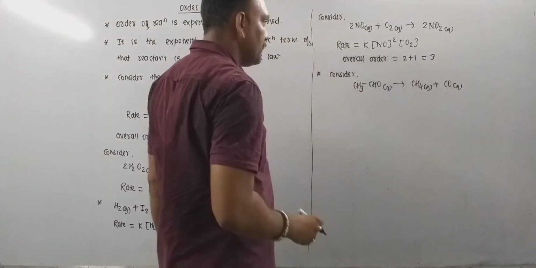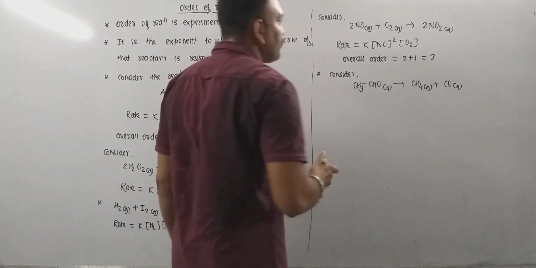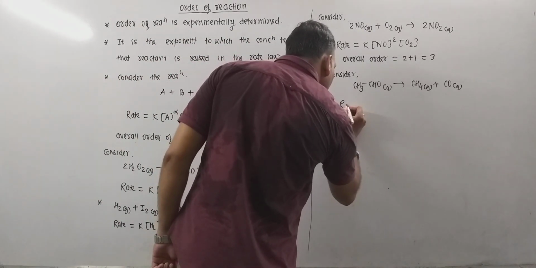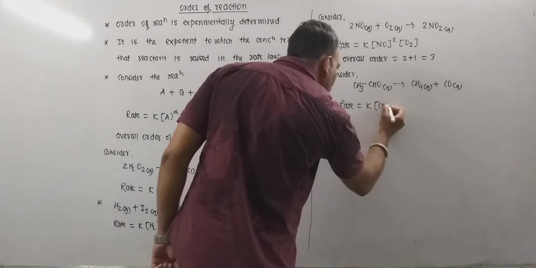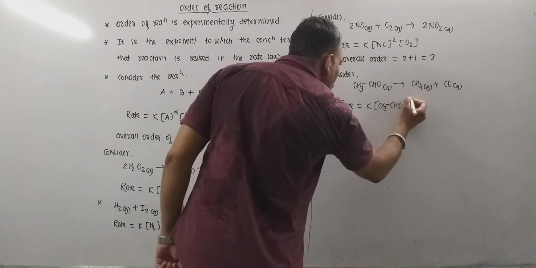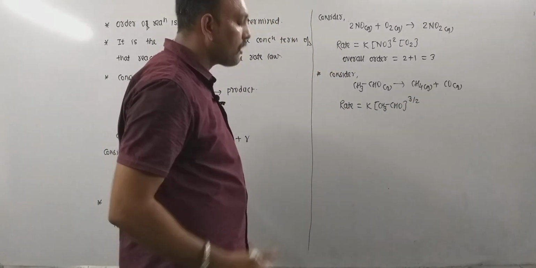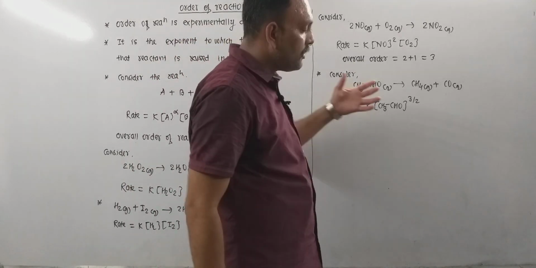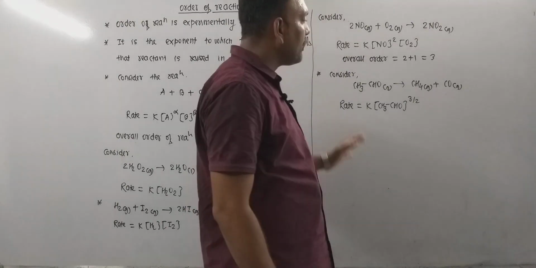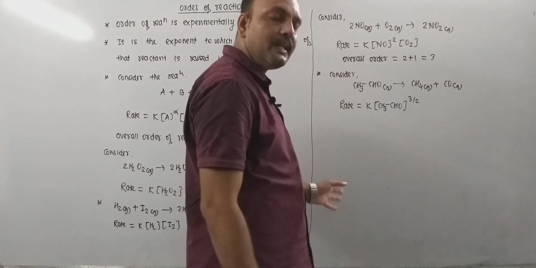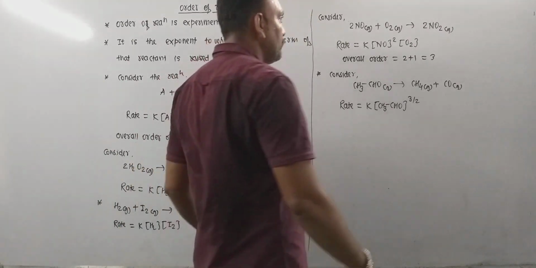When we determine the order of this reaction experimentally, the rate expression is rate equal to K into concentration of CH3CHO to the power 3 by 2. It means that the order with respect to acetaldehyde, CH3CHO, is 3 by 2 and the overall order of reaction is also 3 by 2. So order can be fractional also.